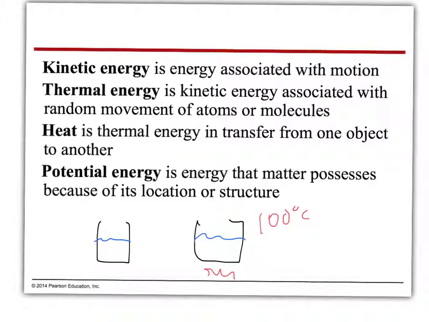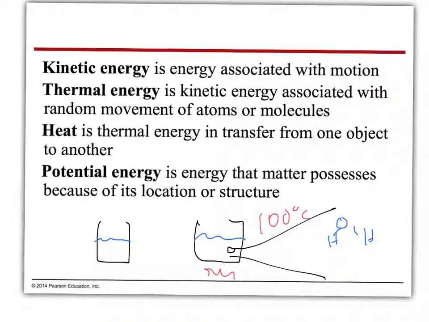If we were to look at the molecules of water, those molecules are going to be moving faster. In order for those water molecules to move faster, what's broken? Hydrogen bonds between water molecules are broken. Right? So that is an example of kinetic energy, or energy of motion.